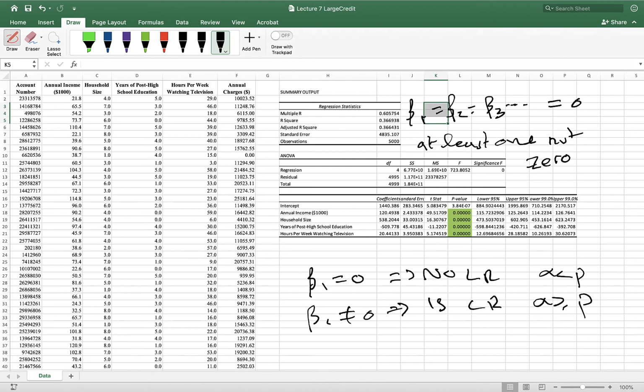And this will be your null hypothesis. I didn't want to put the hypothesis symbols in. I don't want to remind you of any nightmares you might have had with the hypothesis stuff. The first one's the null, the second one's the alternative. And if the null hypothesis, we do not reject it when alpha is smaller than the p-value, and we'll reject it when alpha is greater than or equal to the p-value.